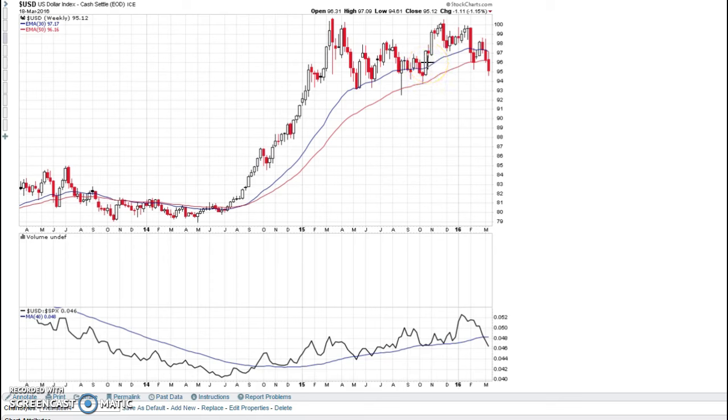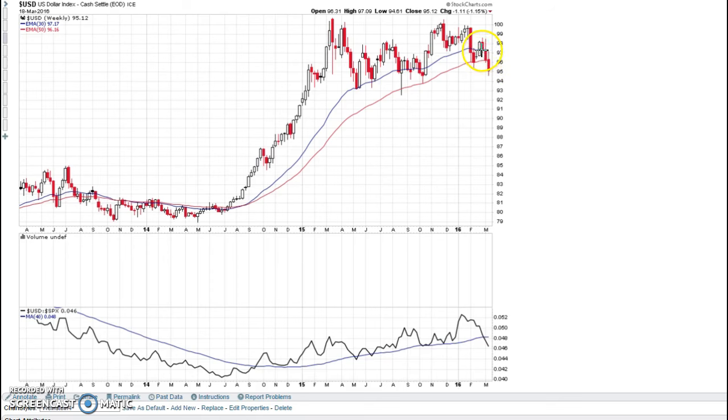Then it started to attempt to break up into a new stage 2 advance late last year, but a couple of different events, most notably the Federal Reserve failing to get their rate raising cycle really into gear, have caused the U.S. dollar to start to be weaker against other currencies, which is why it started to break down here and transitioned into stage 4 over the past week, as it's now trading below its 30-week moving average, and the 30-week moving average is starting to trend lower.